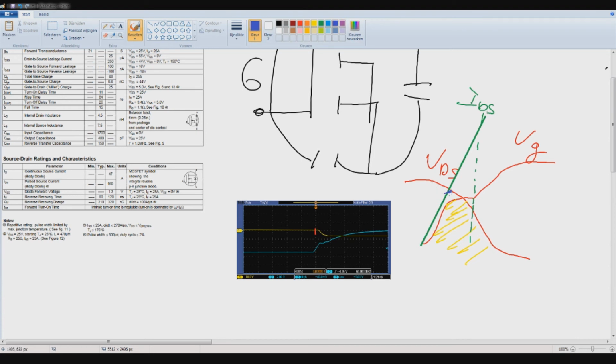As you can see right here, we have this overlap, which is V times I power, and this is called switching losses.